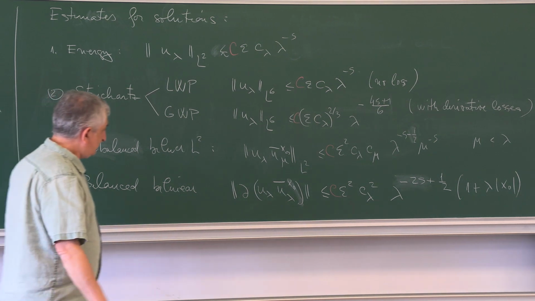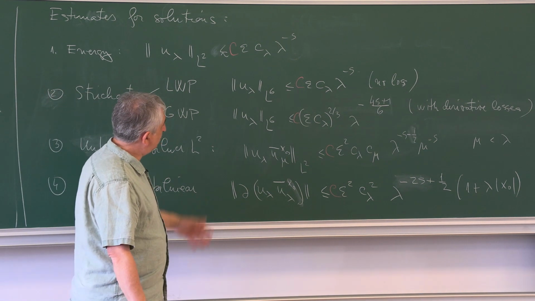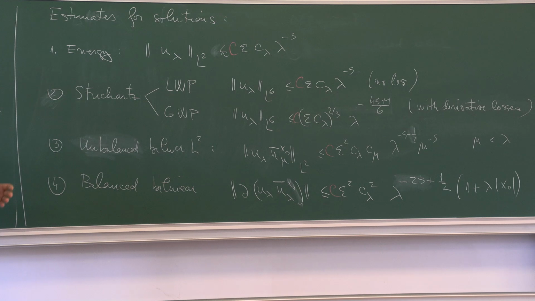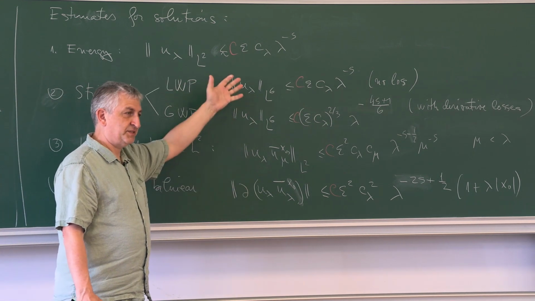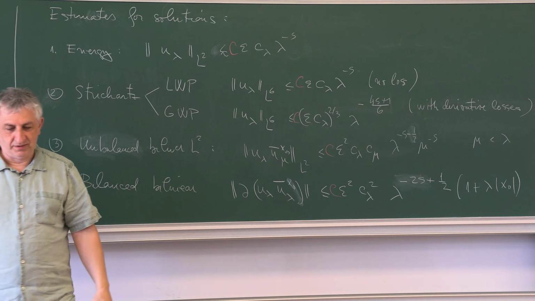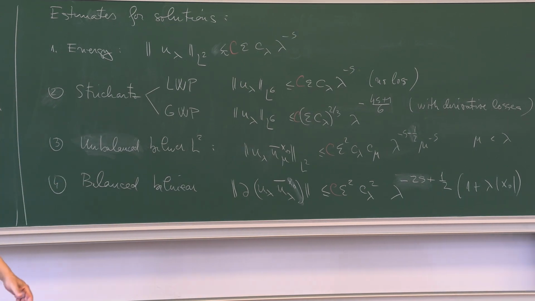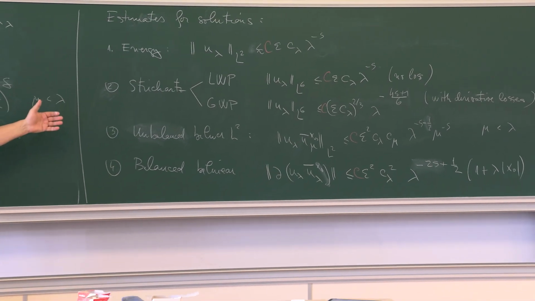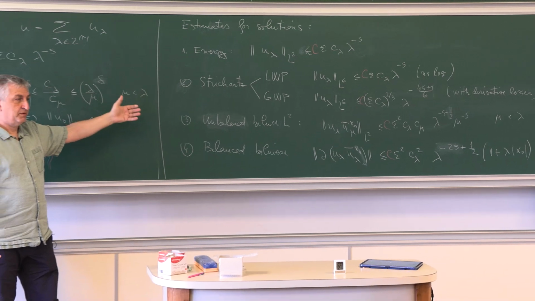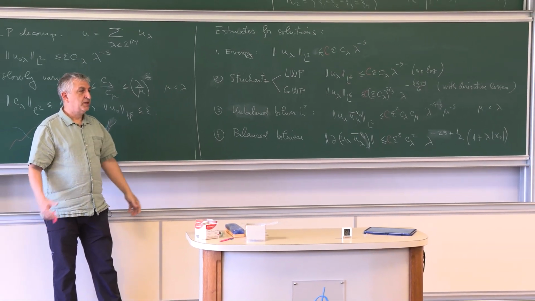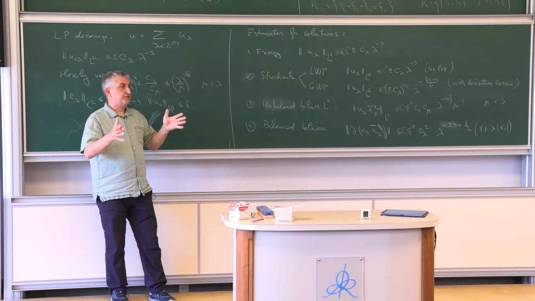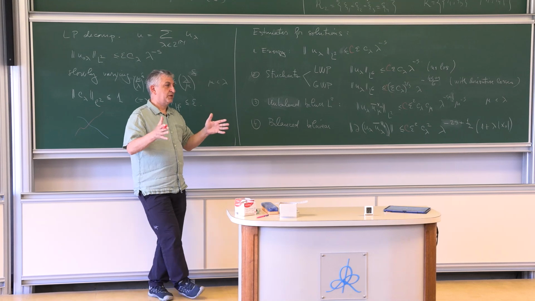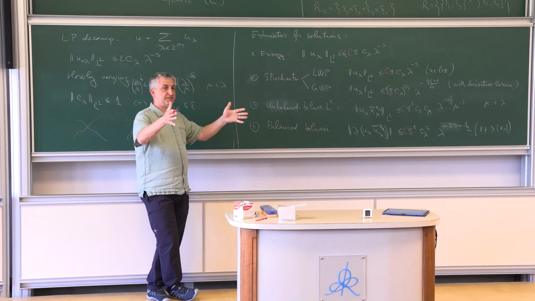All right? And so what you see in here is how this frequency envelope idea allows us to refine the class of estimates that we have to prove, and then narrow down, figure out a good Bootstrap setup for the problem. Now, the Bootstrap by itself is not enough, because the Bootstrap would happen in a fixed time interval.